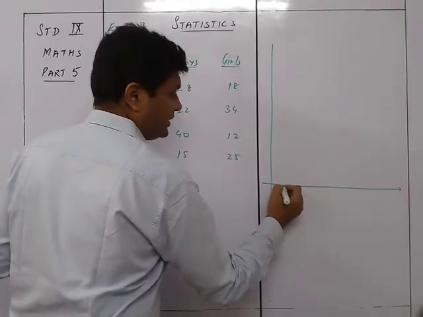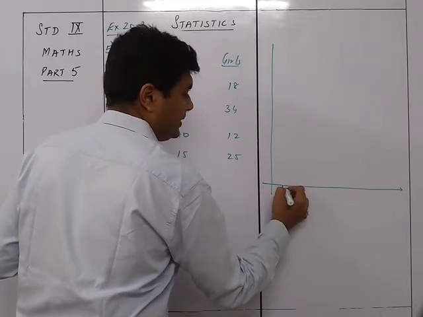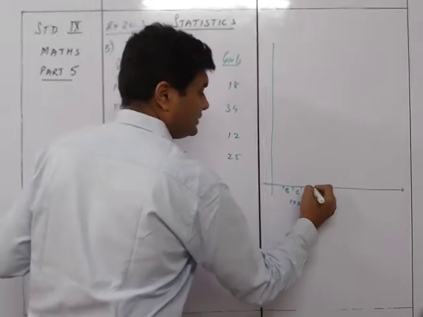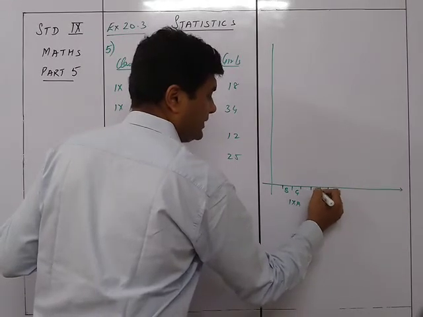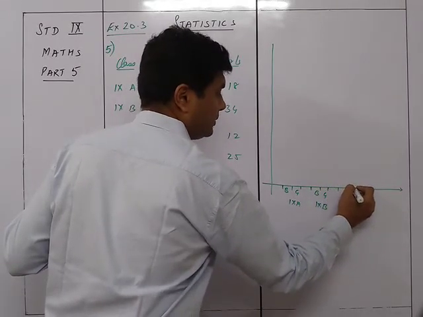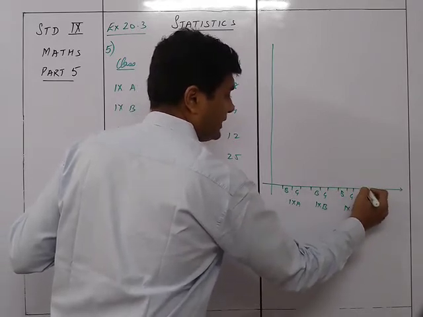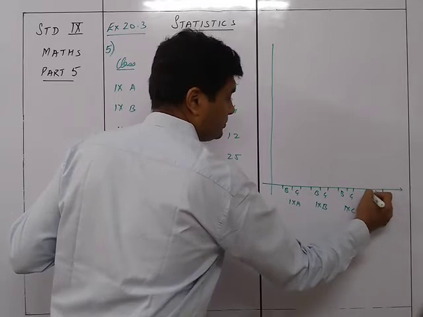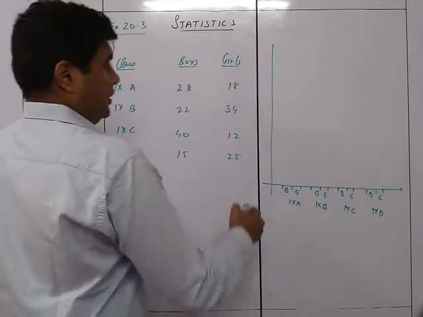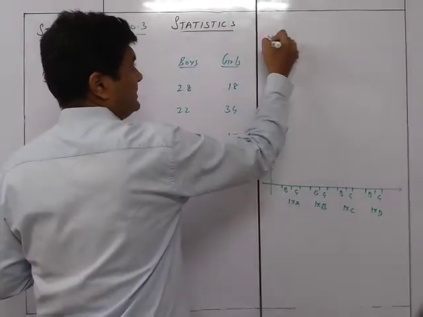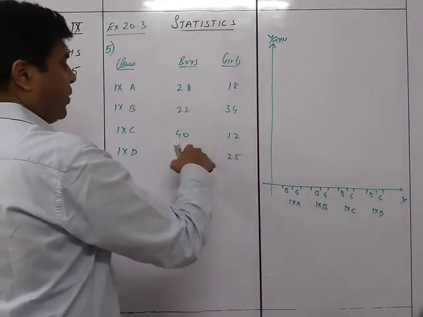Over here we'll take two parts as 9th A, wherein this will be boys and this will be girls. Similarly, two parts over here which will be 9th B, boys and girls. Again two parts here, boys, girls, 9th C, and again two parts, boys, girls, 9th D. On the y-axis, this is the x-axis, the maximum is 40.